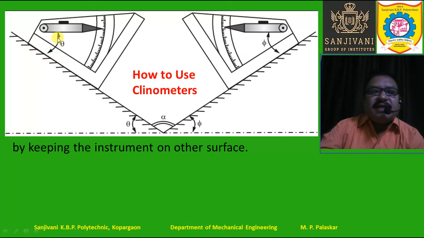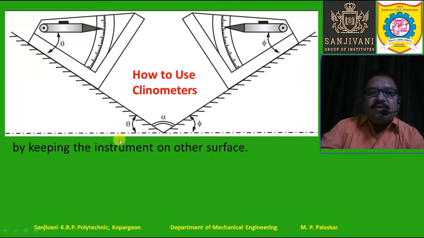Similarly, when we change the position of the clinometer and keep it on the other surface, the angle obtained will be phi. Here also you can see the angle phi. Phi is the angle between the horizontal surface and this inclined surface of the workpiece.